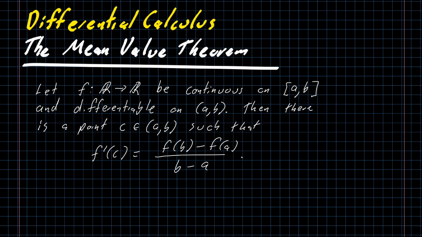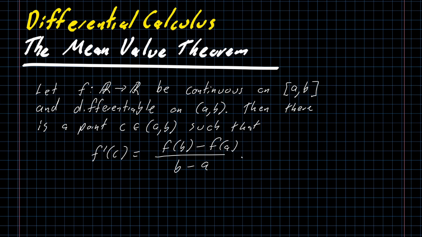Differentiable doesn't make sense for a closed interval. Talking about whether a function is differentiable at an endpoint is a little bit nonsense. But for an open interval, we are happy to do it. So the derivative of the function exists everywhere inside of the open interval from a, b. The endpoints might have weird things happening. We don't really care. The function is continuous on the entire closed interval.